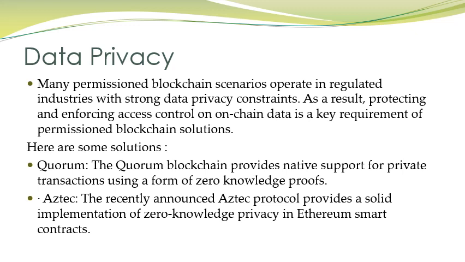By using private transactions, we can maintain the privacy of the data in the Quorum blockchain. The next solution is Aztec. The recently announced Aztec protocol provides a solid implementation of zero knowledge privacy in Ethereum smart contracts. So there are these two solutions for data privacy: Quorum and Aztec.